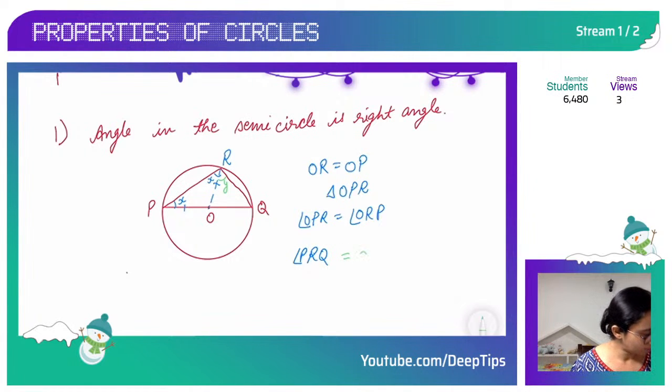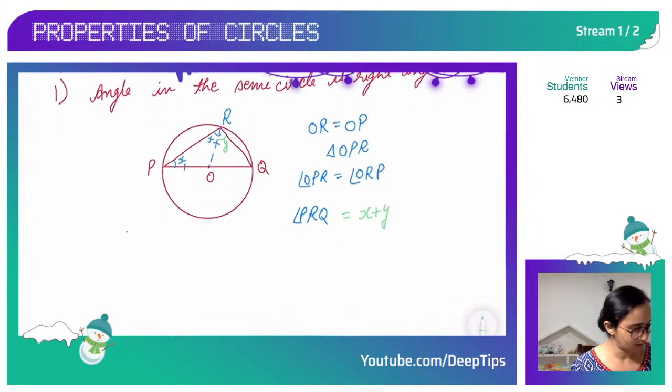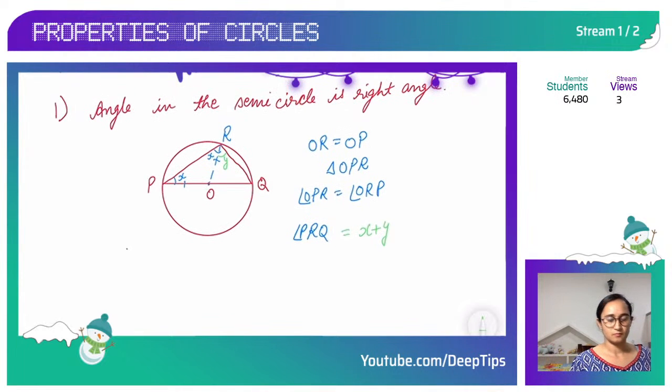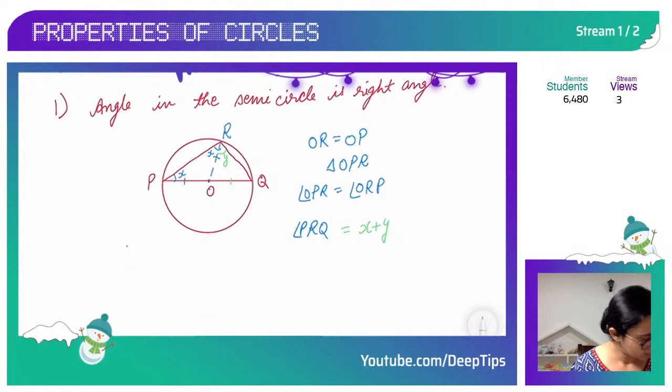So angle PRQ is equal to x plus y, right? I can clearly say here, children, OR is equal to OQ, because they both are also radii. So this is also angle y.